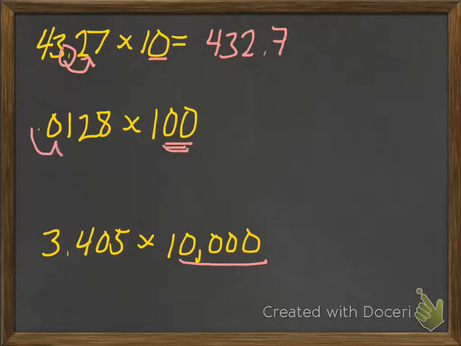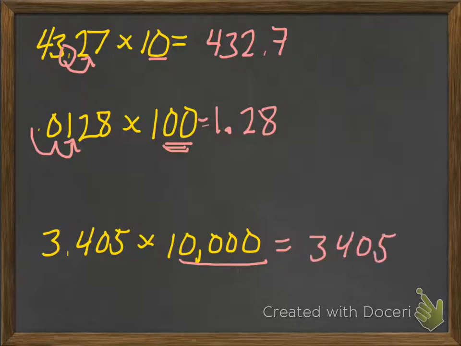So what I'm really doing is moving the decimal point. Okay, so this one's going to become 1.28. And the final one, I'm going to go ahead and write down 3405. I'm going to put my pencil right here where the decimal used to be, but I'm going to move it 1, I'll move it 1, 2, 3, and I'm out of places, so this one's actually going to end up moving 4 places.